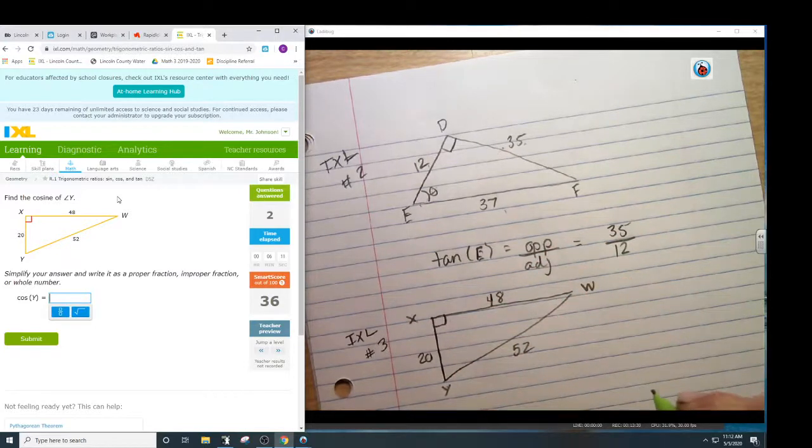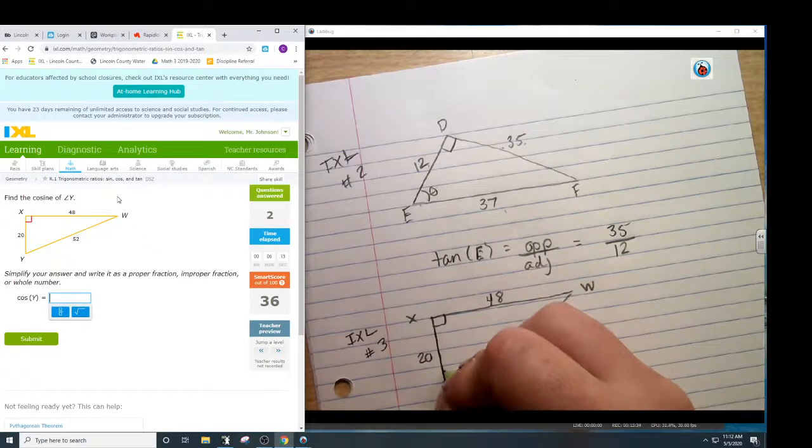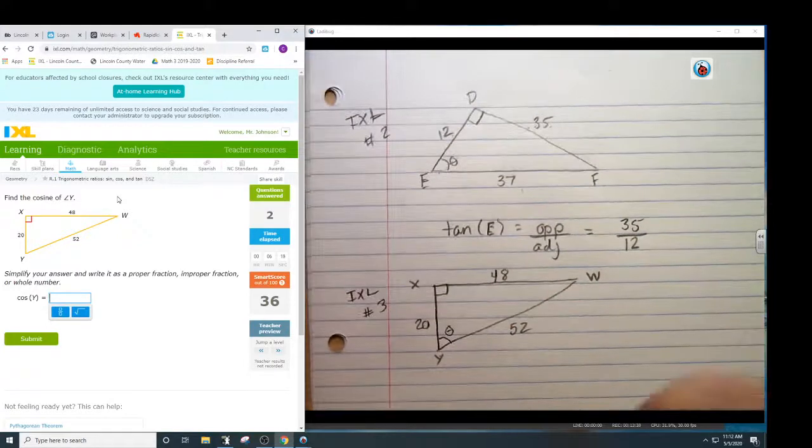Now it's wanting to find the cosine of Y. So this is actually going to be our theta here. Now it wants to know what the cosine is.